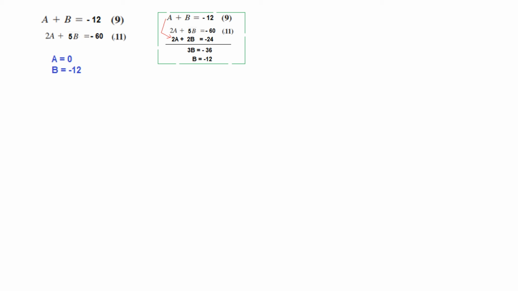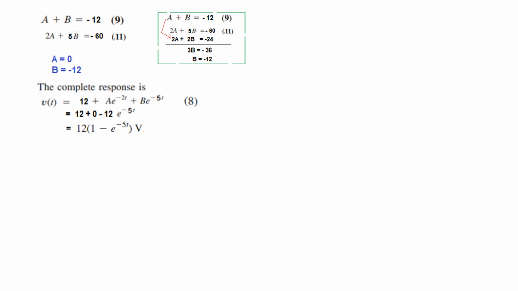So A is 0 and B is minus 12. Now we plug these values into the complete solution we had. So this was the complete solution, putting the value of A as 0. So the answer is 12 times 1 minus e raised to the power minus 5t volts. So this is V(t).